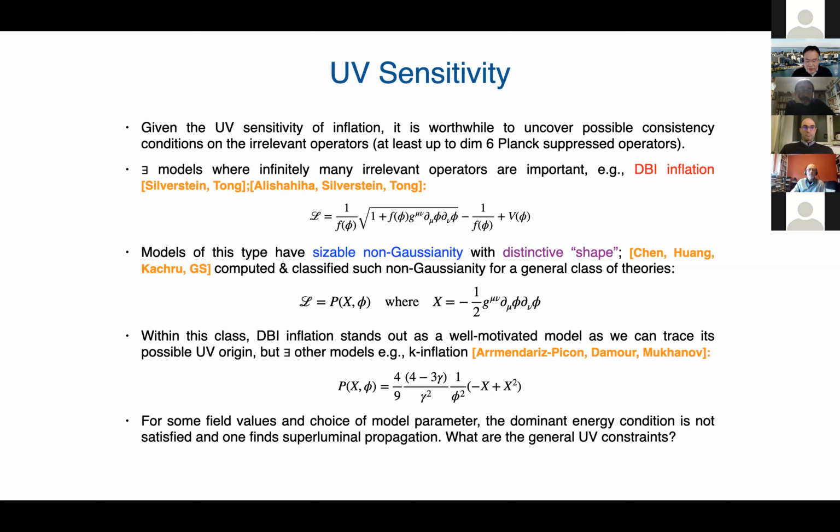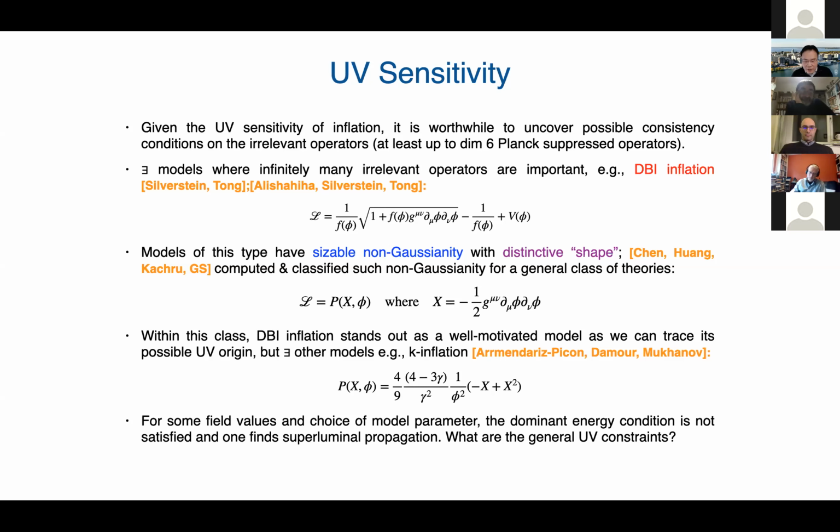And models of this type with sizable irrelevant operators are interesting in the sense that they can generate observably large non-Gaussianity with distinctive shape. And in fact, the non-Gaussian features for a broader class of models, sometimes known as the P of X theories, have been computed and classified.